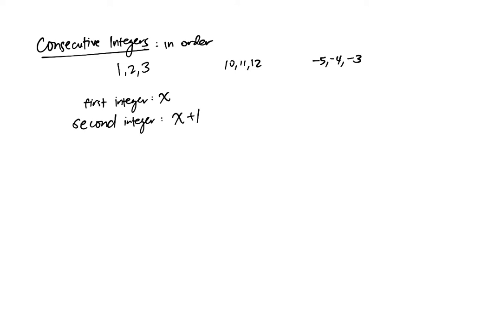And the one after that would be x plus 1 plus 1, right? So it would be x plus 2 for the third integer. And this is something that we'll use in some examples to follow. But first I want to go into consecutive even or odd integers.